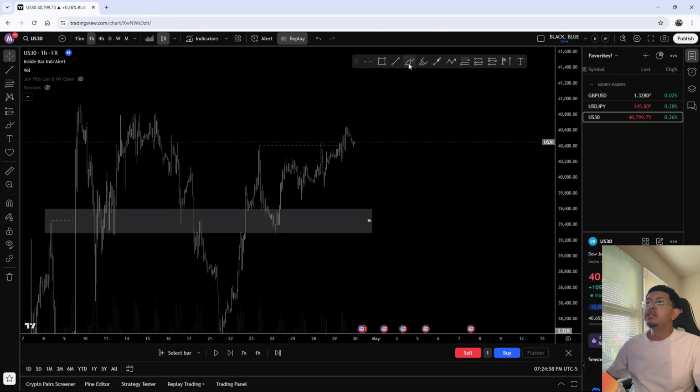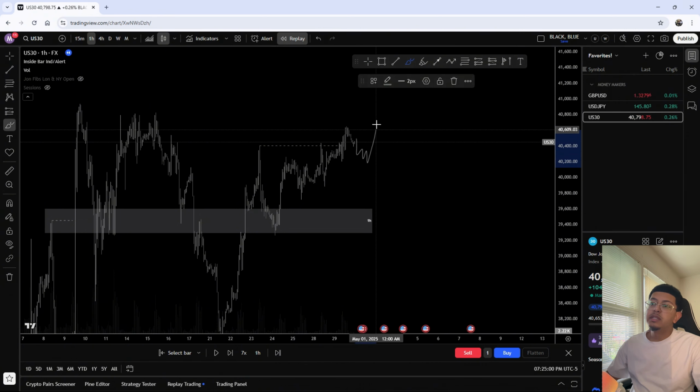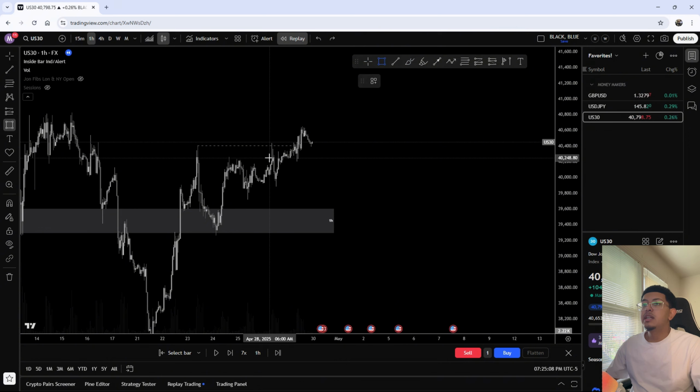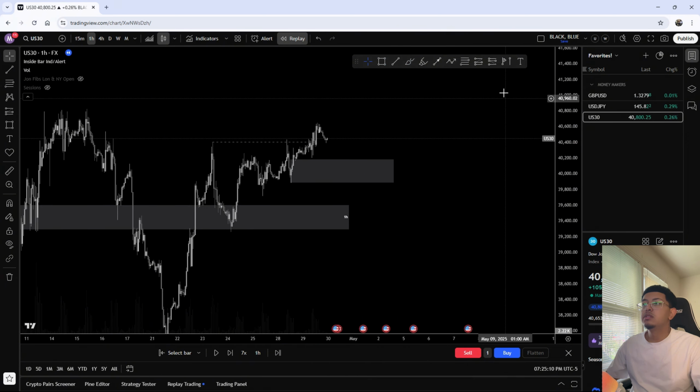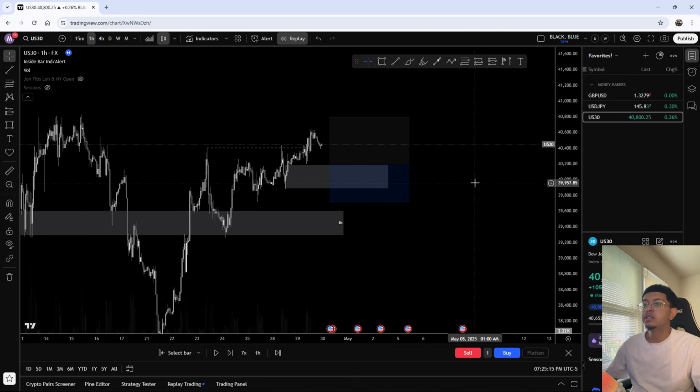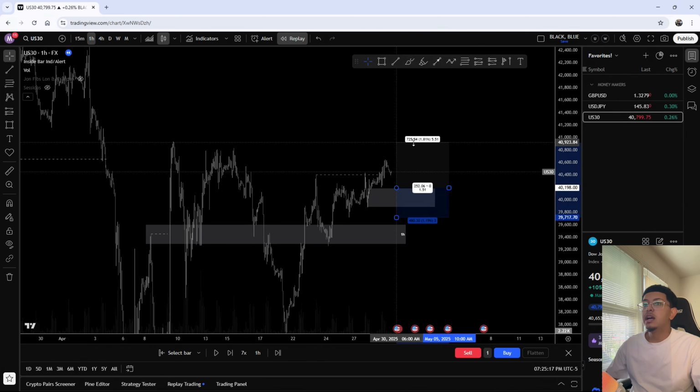I wanted to see price come down a bit, take internal structure lows to continue up. So what I did is I basically got in a position right below this low up here, just like this. Stop loss at this low, and I want to target the high.